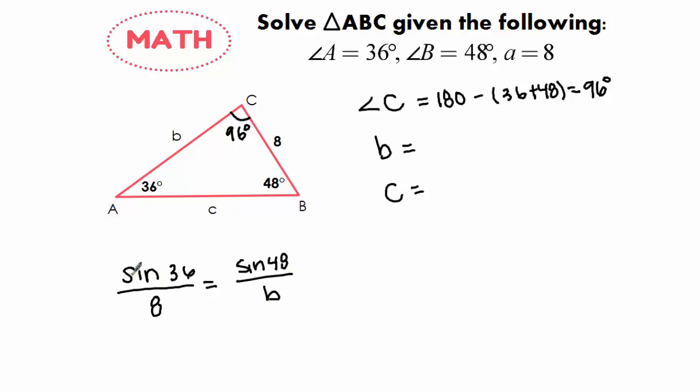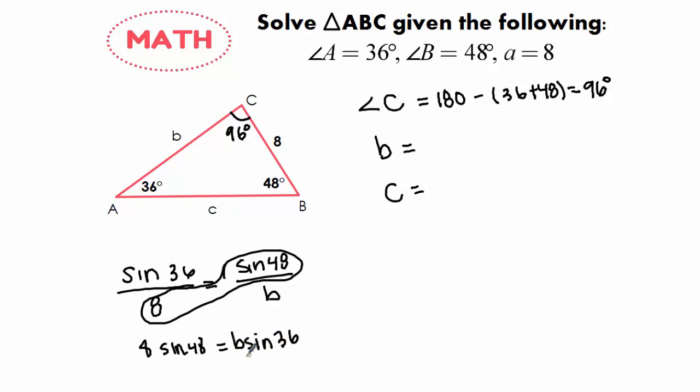Now you can see here, like I said, you have to have 3 pieces of information. So I have sine 36 over 8, sine 48 over B, and then I'm going to solve this. I'm going to cross multiply. So 8 sine 48 is going to equal B sine 36.